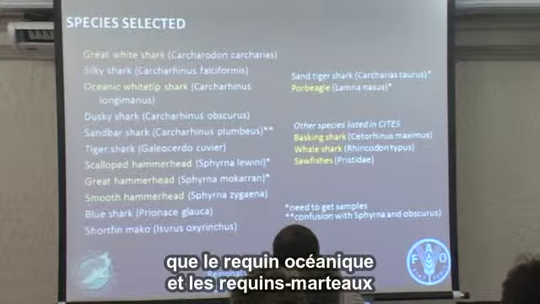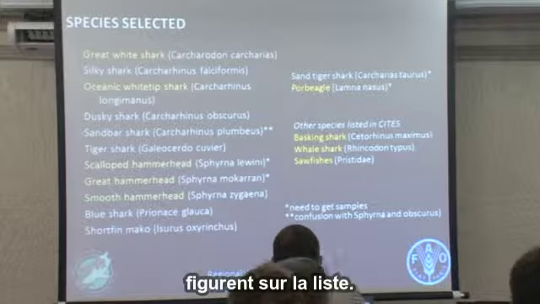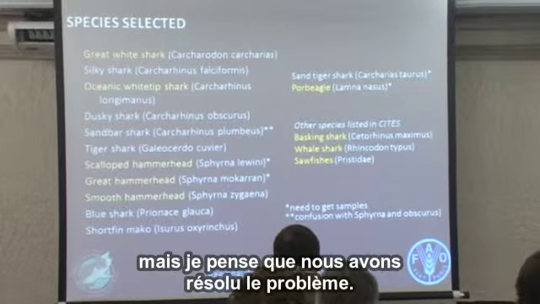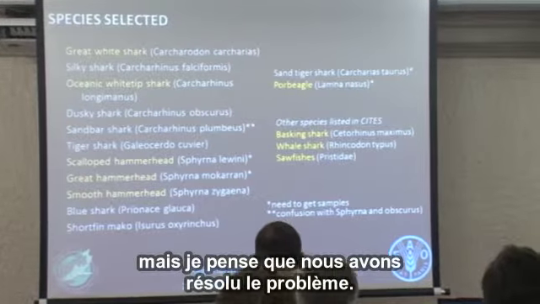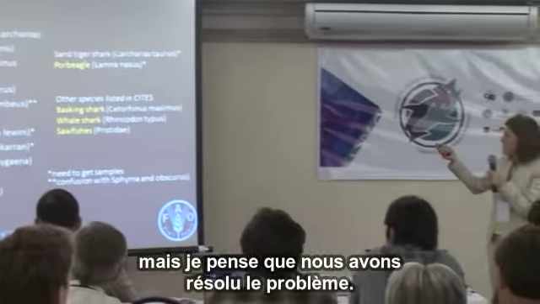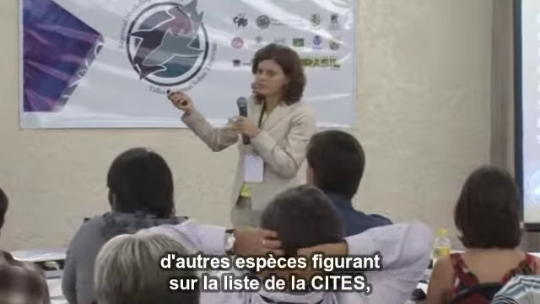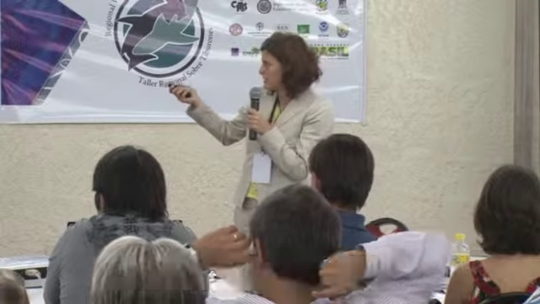Then I have here a list, don't worry if you don't see this, but just to show you that the oceanic whitetip and the hammerheads are included. We have some problem with porbeagle sampling, but I think it's easy to be solved now. And then we would like to include other species listed in CITES, but they are not really a target for fins now.